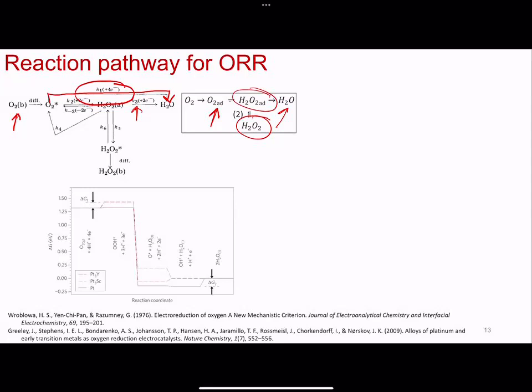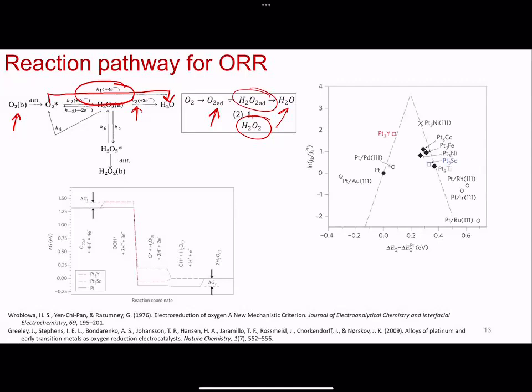It's not as efficient. And once again, you could say, okay, well, what about alloy, right? You make the same volcano plot that you see here. You see the current density and you see the binding energy. And what you get out is, well, if I want high current densities, I should just alloy with nickel.